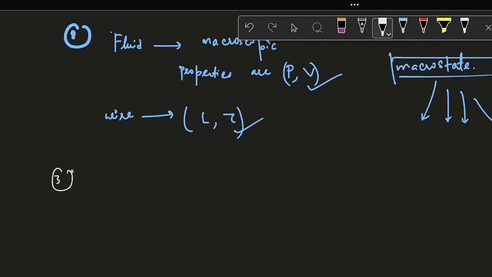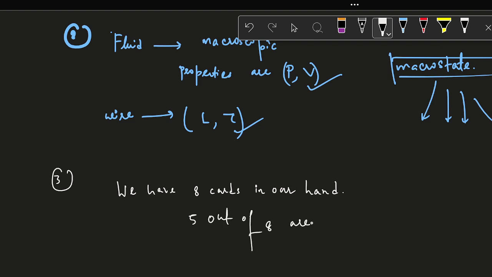So this is question number 3. Here we are saying that we have 8 cards in our hand, and 5 out of 8 are black.